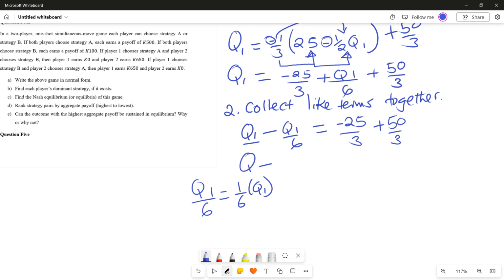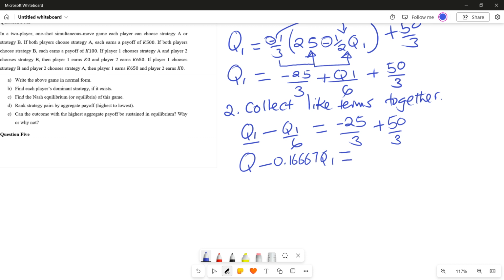You're going to get something like 0.1666, and we can correct that to maybe 4 decimal places so that we do away with the fraction. But if you are okay with fractions, you can handle it as a fraction. The answer will still be the same. So we convert q1 over 6 to 0.16667 q1, so that it is easy to subtract the two terms there.